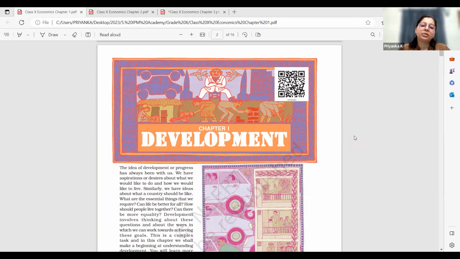One is a farmer, one is a salaried person employed in the IT sector. IT sector is just an example that I took. And we have one more person who is in the business sector.